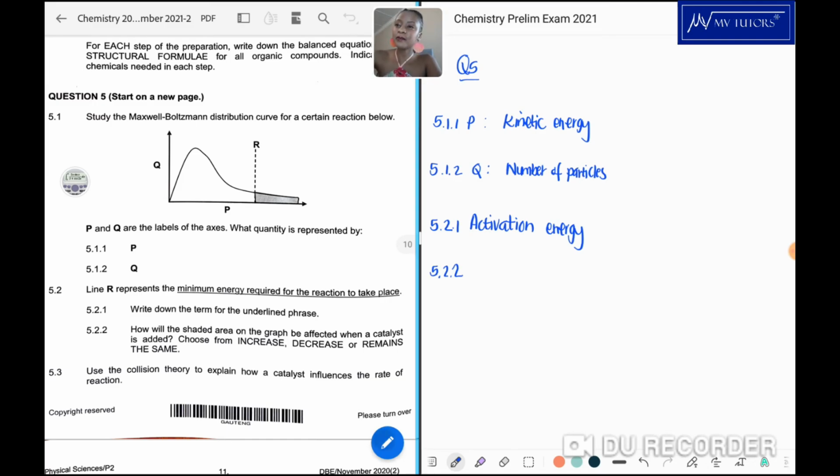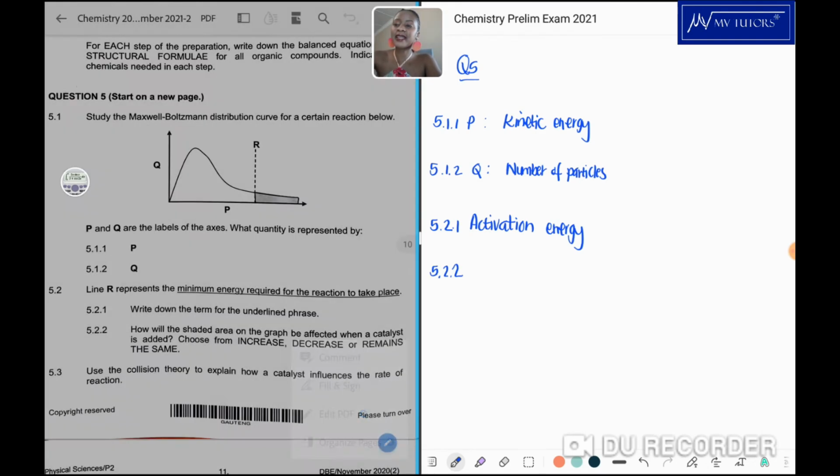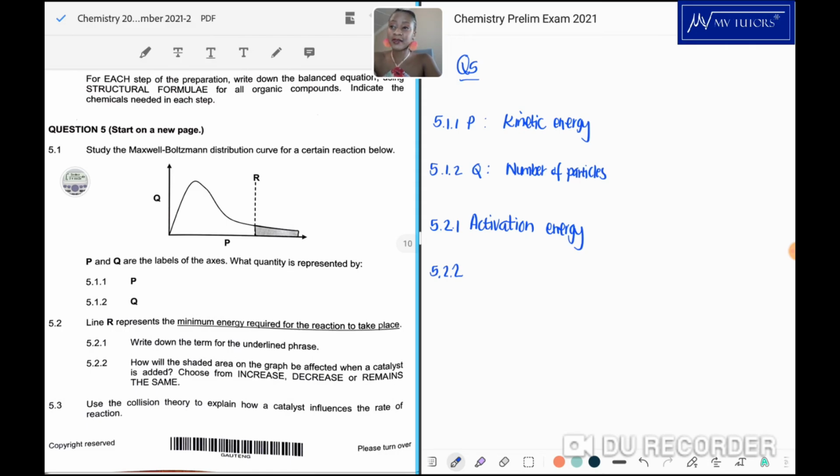Remember what a catalyst does: it lowers the activation energy. So if your activation energy is currently here at R, if you add a catalyst, we expect the energy to be lowered, right? So you don't need that much energy for a reaction to take place. Thank God for catalysts. So now your shaded region will start earlier instead of later.